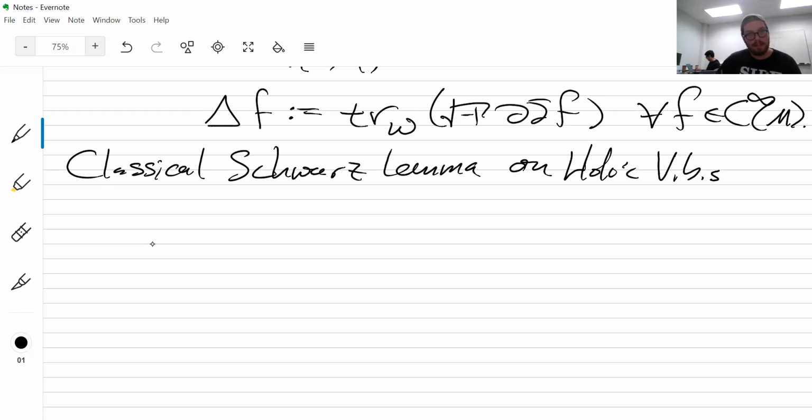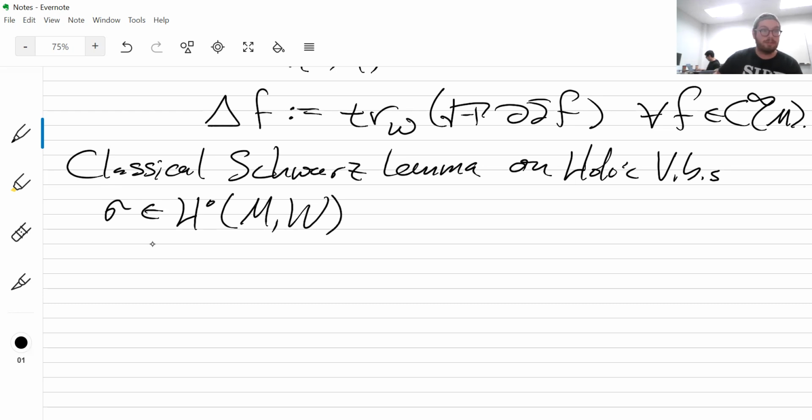The place to start is with sigma, a section of our holomorphic vector bundle W that I defined earlier.